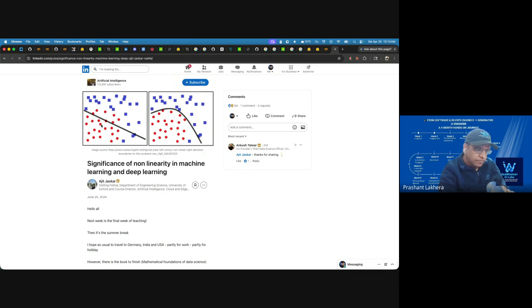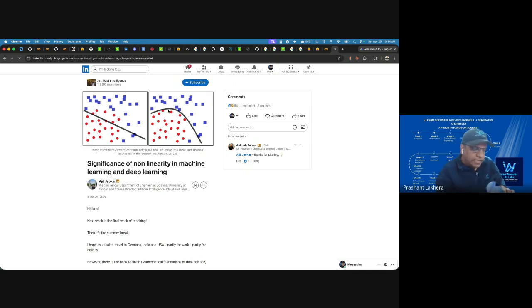If I look at the whole image, however I draw a linear line, there is no way I can separate the blue blocks from the red blocks. I need to introduce some kind of non-linearity. This is not a perfect image, but if I draw it like this, then I am introducing non-linearity.